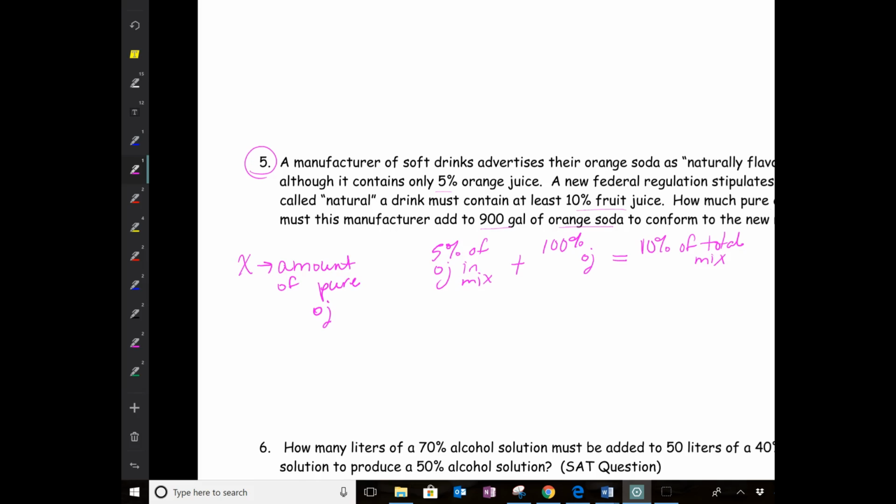So what I have right now is the current amount of 5% OJ. I have 0.05 times 900, which gives me 45 gallons of pure OJ currently in the mix. And I want to see how much OJ I need to add. So 100% would be 1 times x, how much pure OJ would equal 0.1 times the current total plus however much I add would give me that total value.